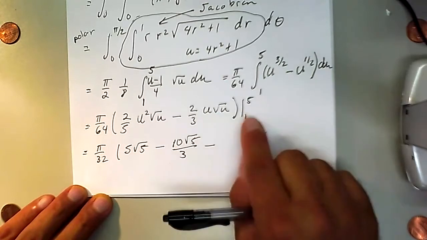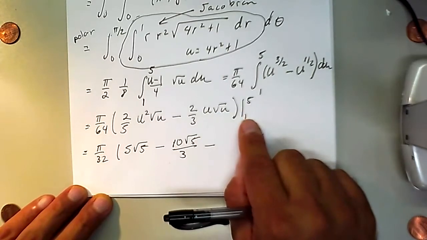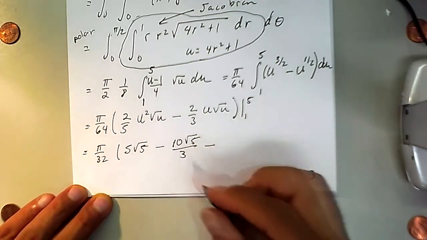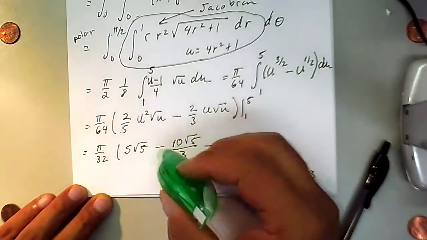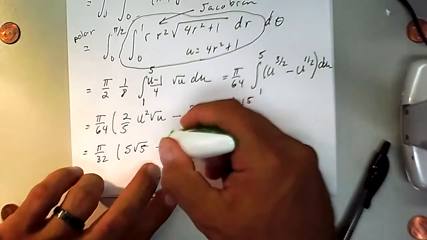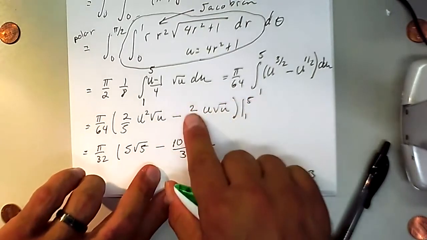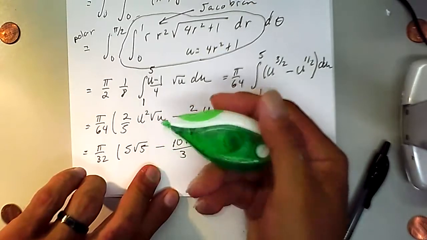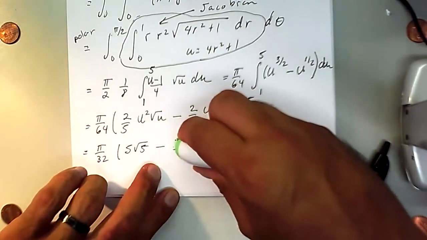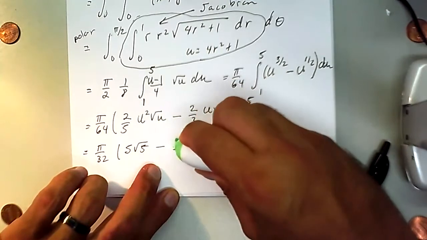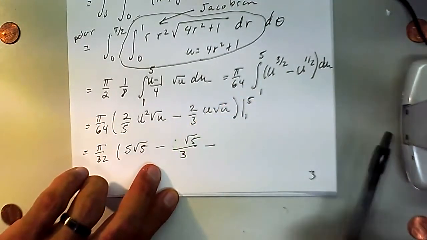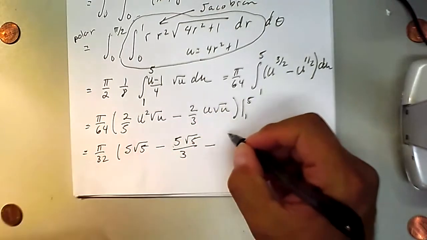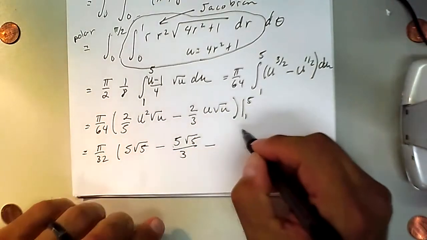Oh, again, that's what I get for not doing this step by step. We did say we factor out the 2, so there shouldn't be a 2 there. Yeah, just the 5 root 5, because the 2 is gone.